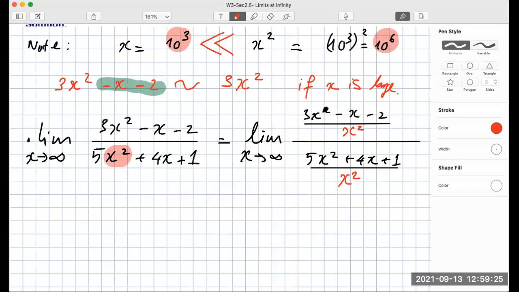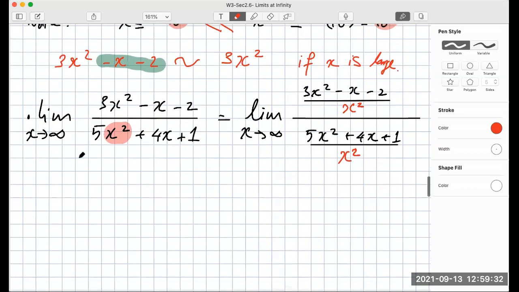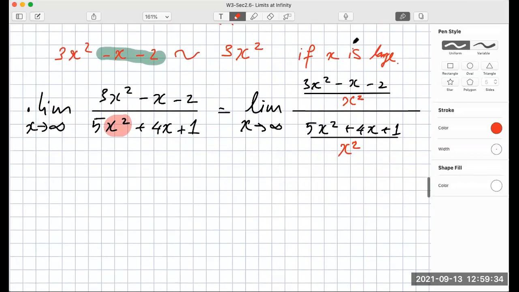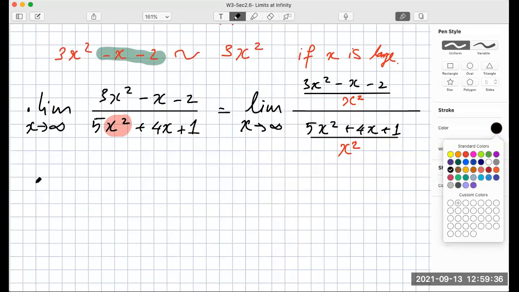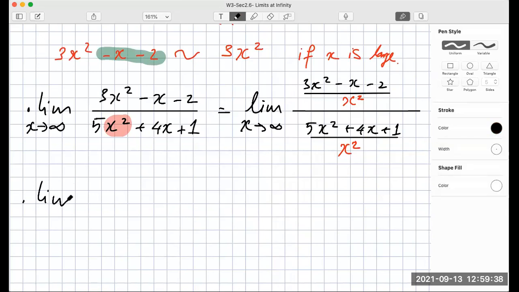The numerator of this small fraction here involves subtraction, so we can separate them into smaller fractions here. So it will be subtract what?